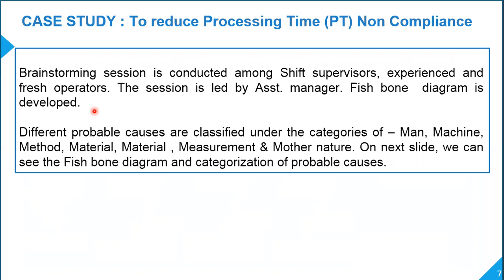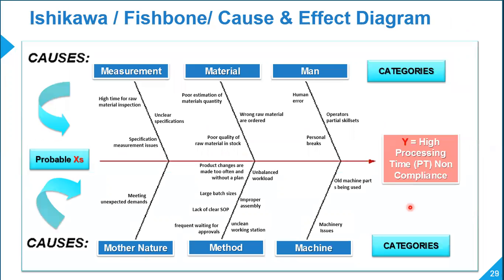We call it mother nature-related, so that's an external factor. The different probable causes are classified under the categories man, machine, method, material, measurement, and mother nature. On the next slide, we can see the fishbone diagram and categorization of the probable causes. So let's go to the next slide.